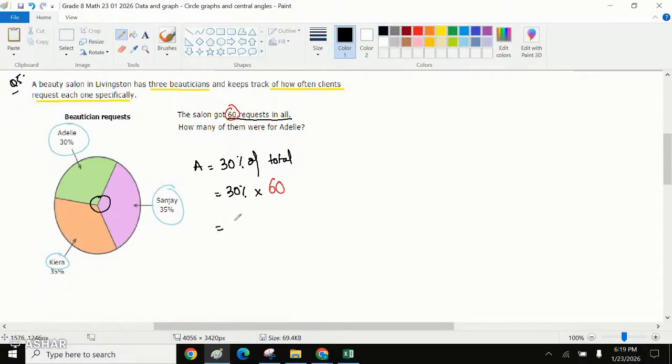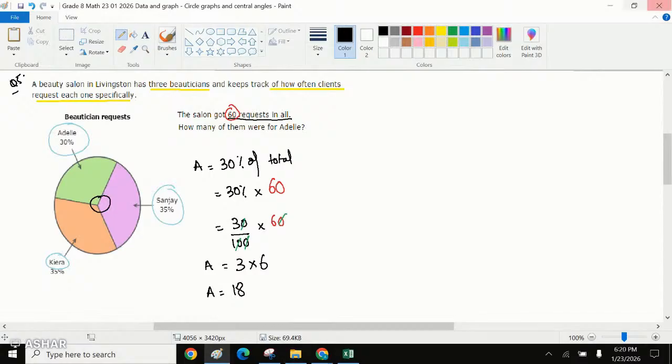And we know that whenever we remove the percentage sign, we divide by 100, multiply by 60. If we see common zeros, we can cancel them out. And finally, we would be left with 3 multiplied by 6. That means Adel was requested 18 times specifically, right?